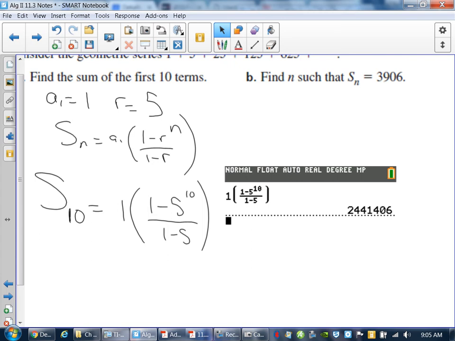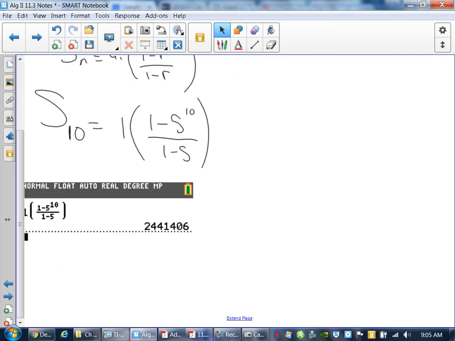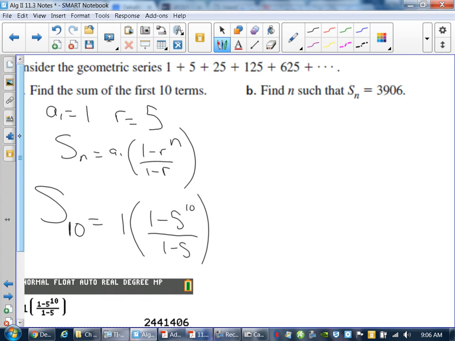Going backwards is what's weird. Find n such that how many do you have to add together to get 3906? Well, write out the formula to start. We know we want to find 3,906 of them.